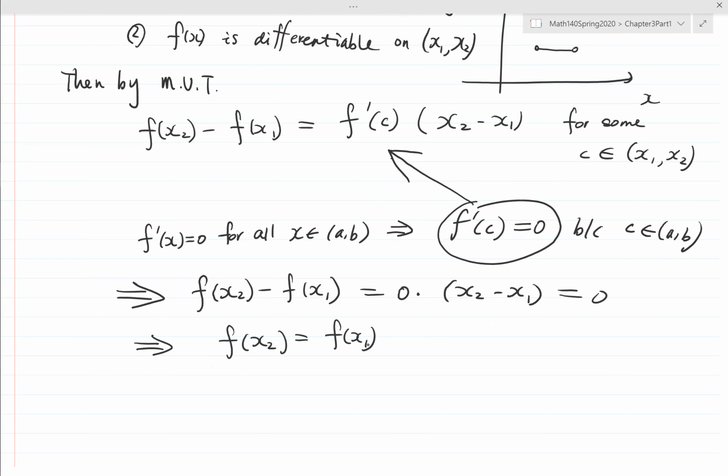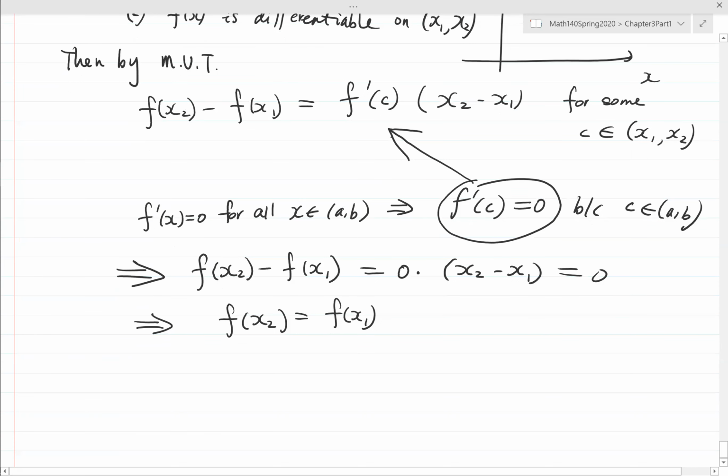the same function value. Now if you take any value x3, then you can get f(x1) equals f(x2) equals f(x3). Now you can take any arbitrary value x3. So this actually tells us that the function is constant, since x1 and x2 are arbitrary.